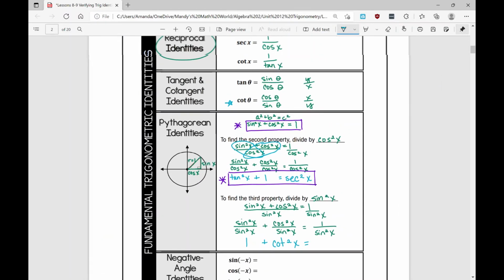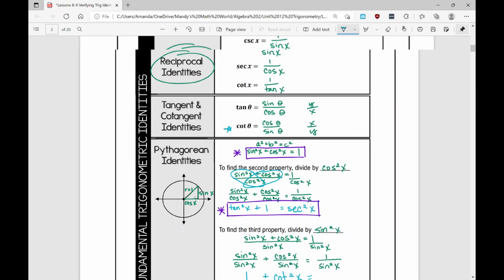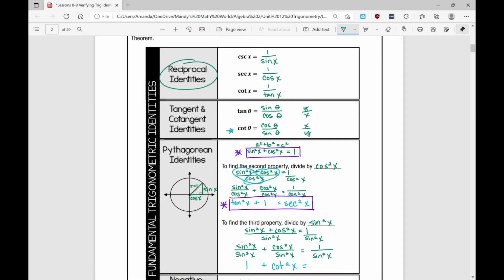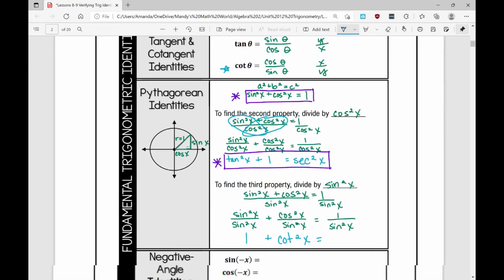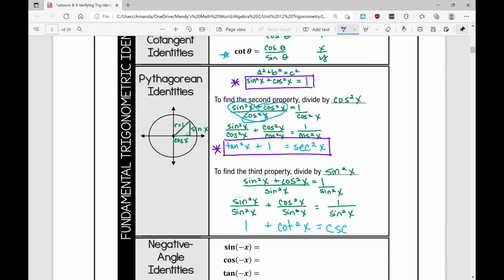Okay, let's go back up here to our reciprocal identities. 1 over sine is cosecant, which means 1 over sine squared is cosecant squared. So cosecant squared x, and that is our third Pythagorean identity.